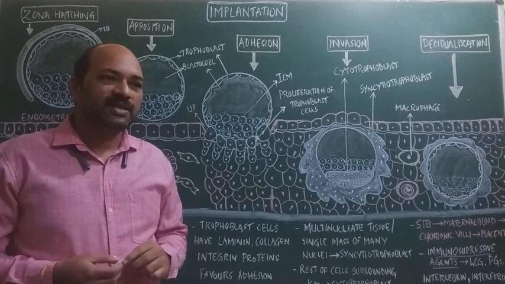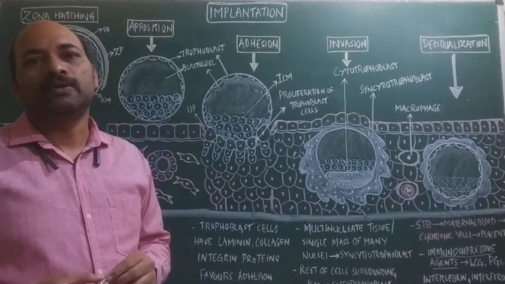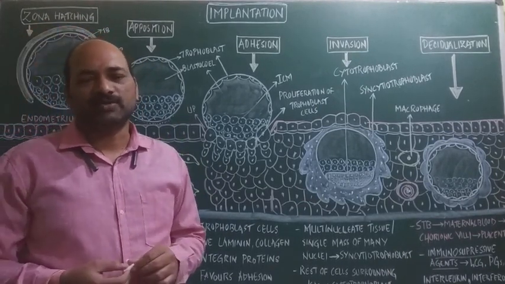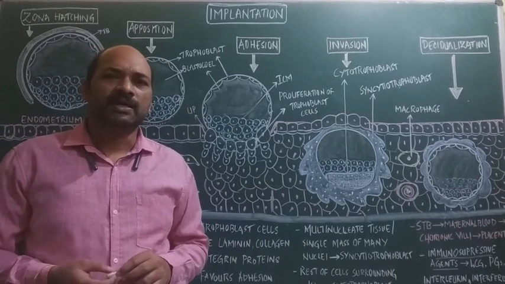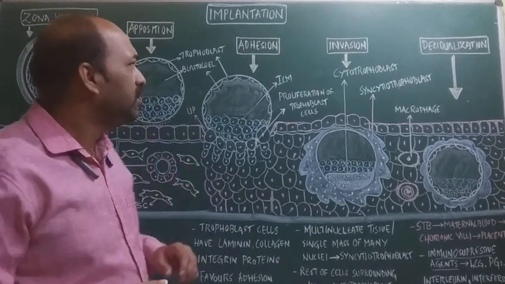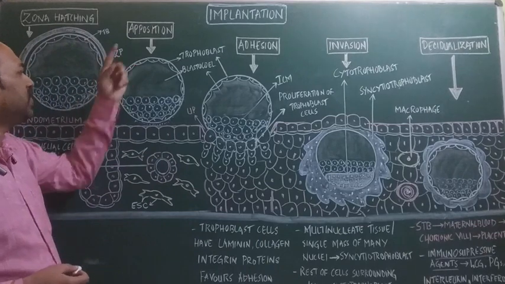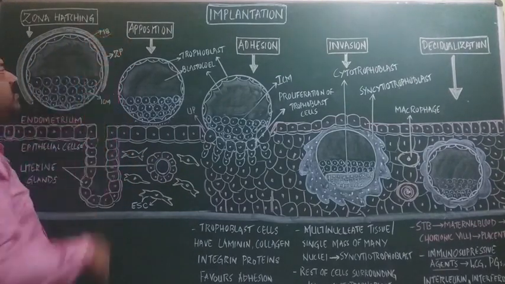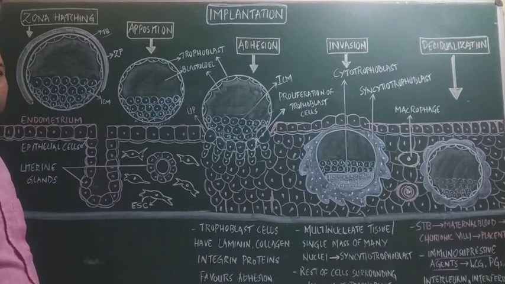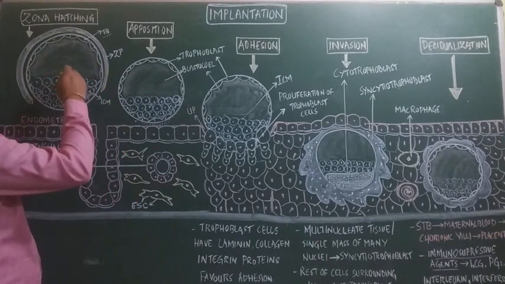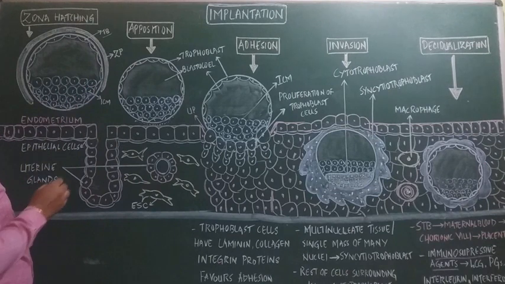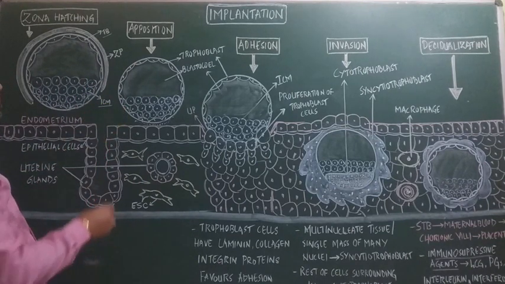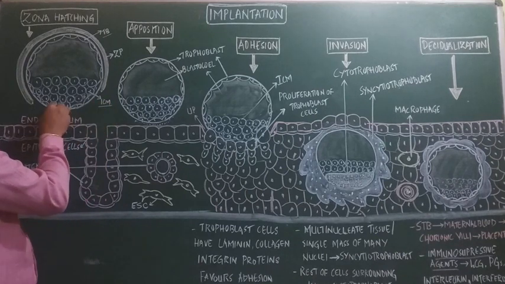If you see the entire blastula, or you can say blastocyst, it is covered by a glycoprotein layer called the zona pellucida. Below the zona pellucida is a thin flat layer of cells called the trophoblast, and on the other side there is the inner cell mass, or embryoblast.